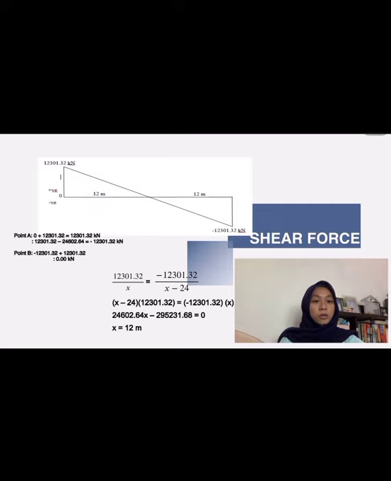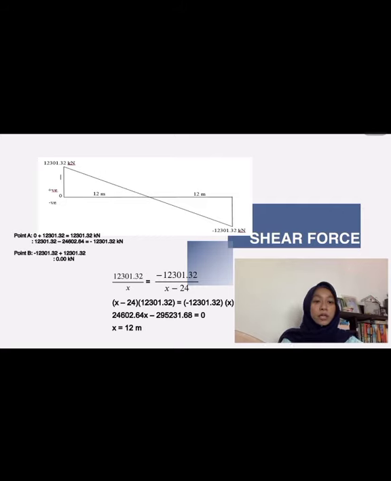So for point A, it will be 0 plus 12,301.32 and we will get 12,301.32 kN. That is for point 1. And then for point B, we will do negative 12,301.32 plus 12,301.32.